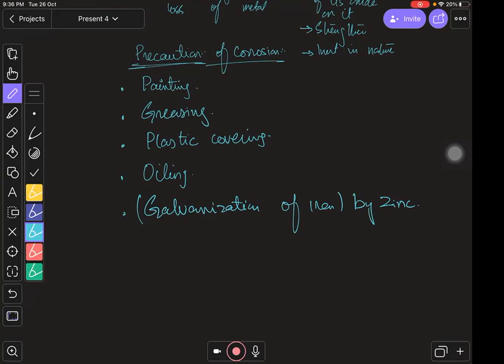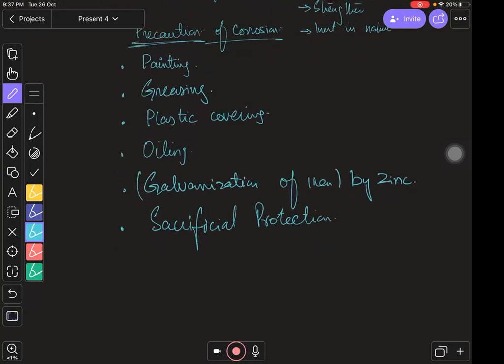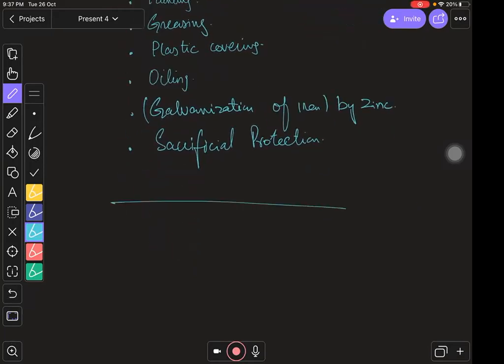Okay. Then another of the best is sacrificial protection. What is it? It is based on the reactivity series. I have told you the more reactive metal will protect the less reactive one, right? For example, take iron pipes inside the land.